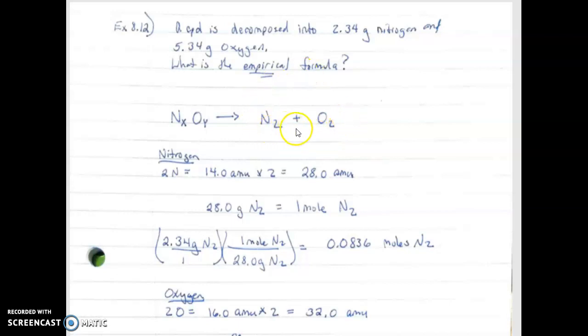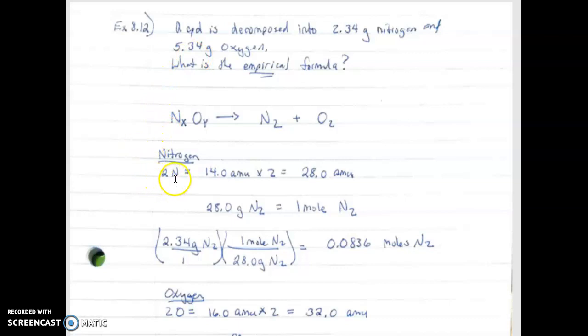Well, that's great that we know the mass, but this relationship doesn't relate the mass of these substances, it relates moles. So the very first question you must ask yourself is: how many moles of nitrogen, or molecules, are there in a 2.34 gram sample of nitrogen? And secondly, how many moles of oxygen are in a 5.34 gram sample? So we will begin with nitrogen.